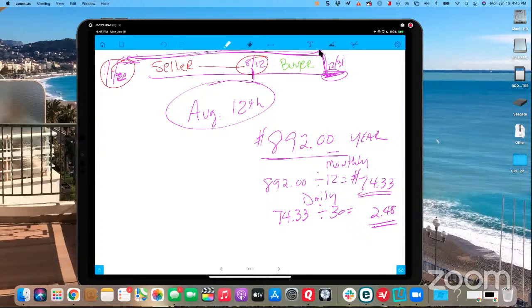So it's a little complicated for the title company to try to collect everybody's money and pay everything. So they're just going to collect the money through 8/12 and they're going to debit one party and credit the other party.